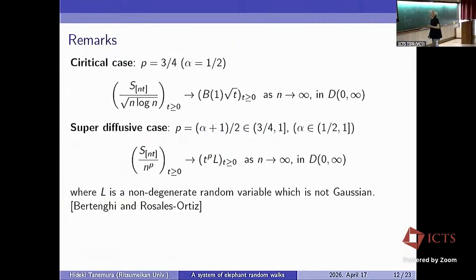And this is the critical case. They have this kind of thing. This is not a process but some random variable times square root of T, and in the general and super-diffusive case as well. And it is trivial to consider the non-colliding processes because this is itself non-colliding.